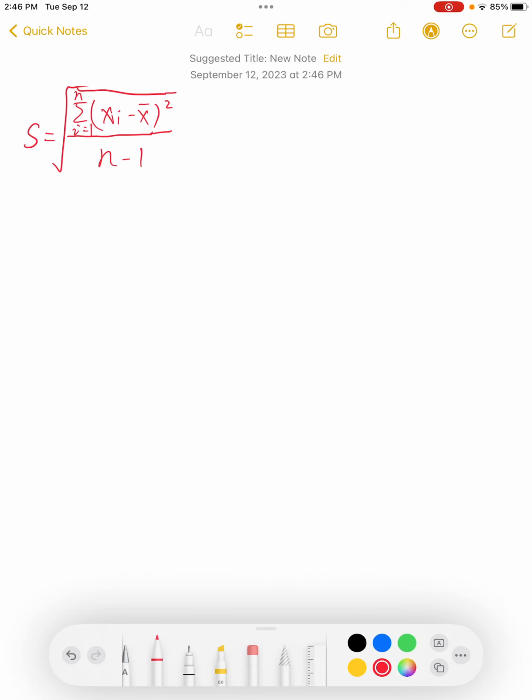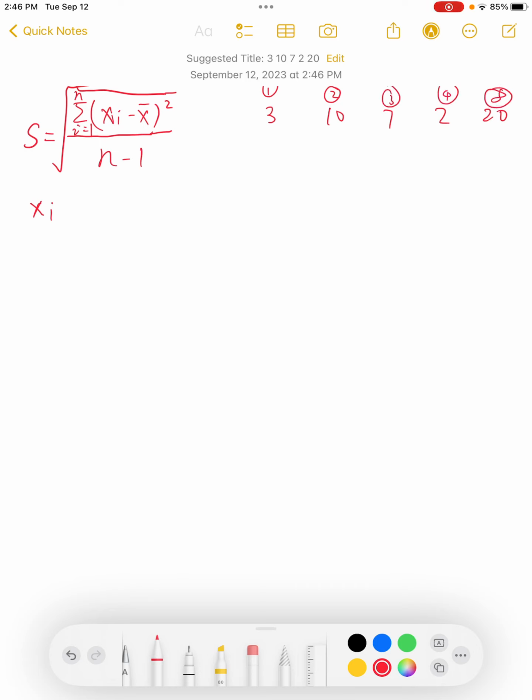First, xi refers to each data in a data set. For example, if I have a data set which has 5 data in it: 3, 10, 7, 2, 20. That's the first, second, third, fourth, and fifth data.